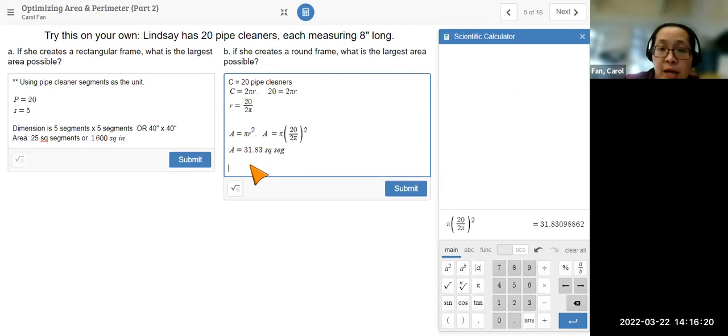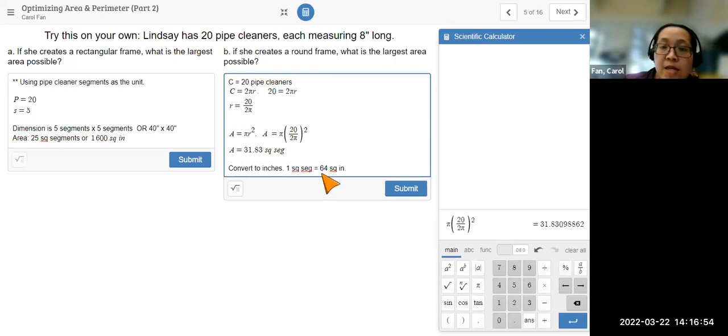Another way we could look at it is to convert this into inches. Okay, so if we convert it to inches, we know that 1 square segment is equal to 64 square inches.